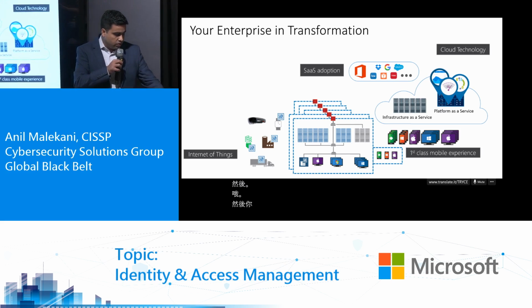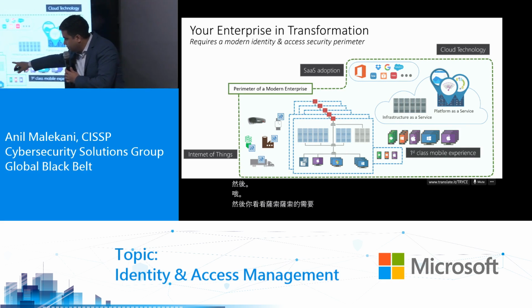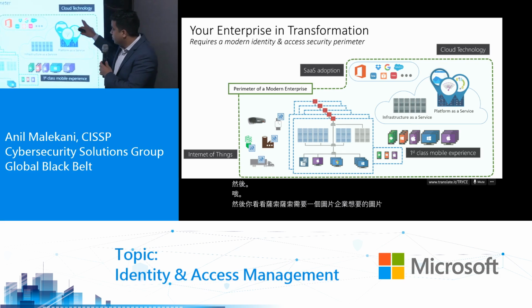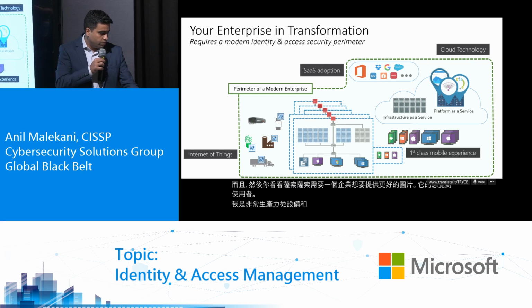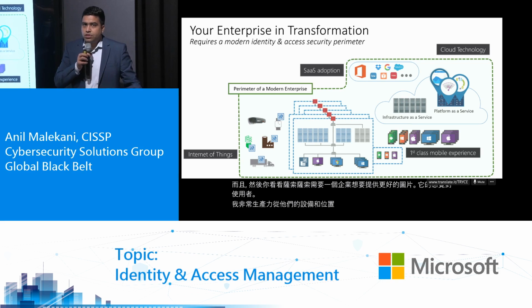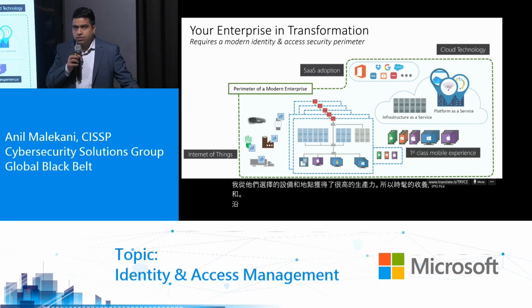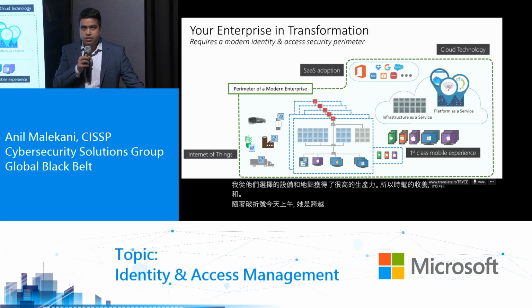So with all of this, the perimeter actually expanded from within your well-defined network perimeter to over the internet, right? Now you need to look at how you put controls on this new network boundary, which is well beyond your intranet network.